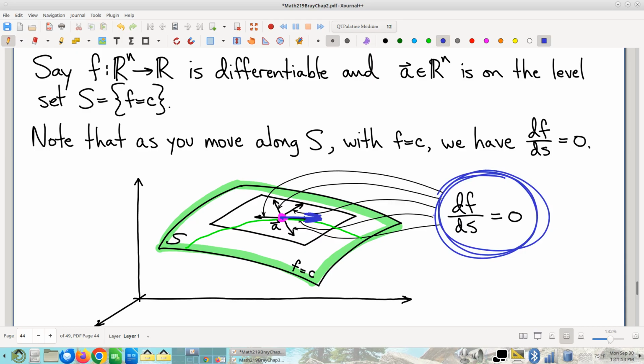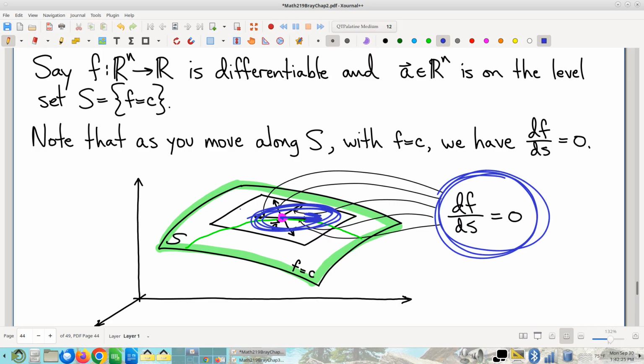So per unit distance as I move in that direction, the function's not changing, because again, it's on the level set, and so the rate of change is 0. Okay, now let's think about what this applies to. So this applies when I'm looking at that velocity vector. What is it about that velocity vector that makes this work? Well, it's the fact that it is the velocity vector for a curve in the surface.